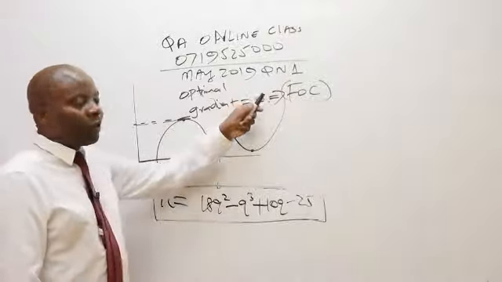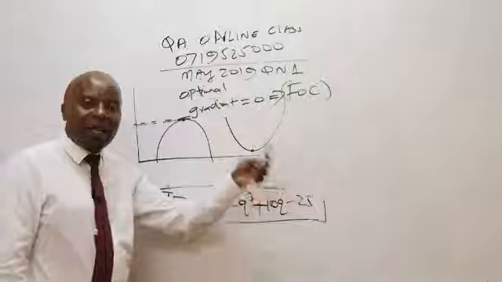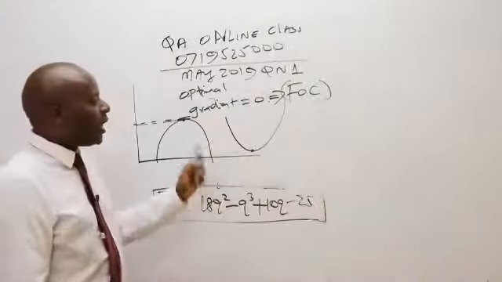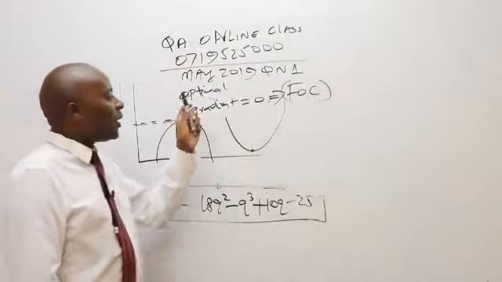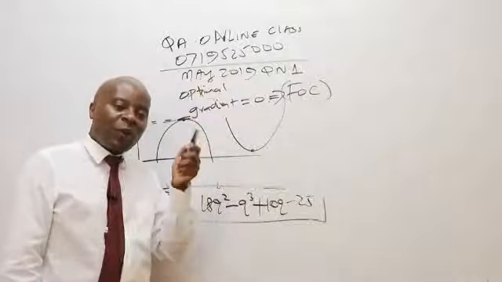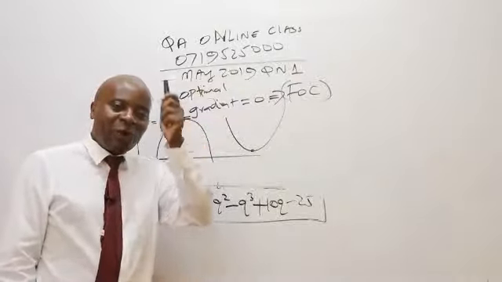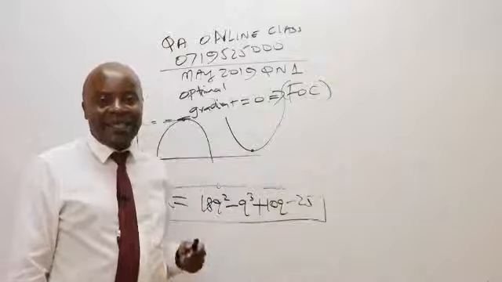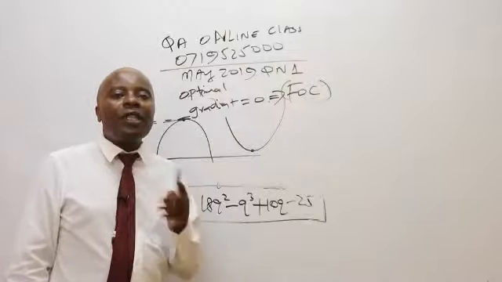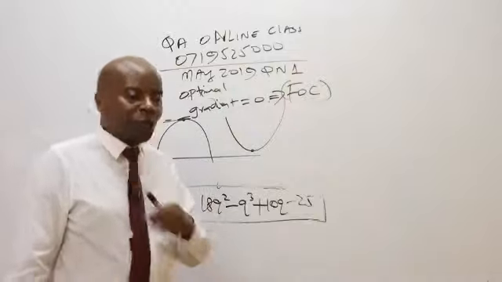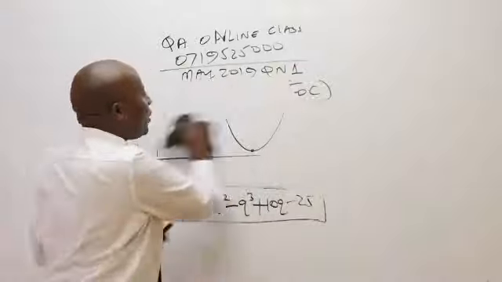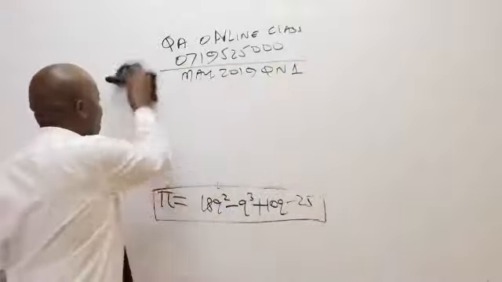First order condition for maximization and minimization, that the gradient is always equal to 0. Now, ladies and gentlemen, again, the moment you mention the word gradient, I know there is something that I'll always have in my mind, that the gradient has got everything to do with differentiation.